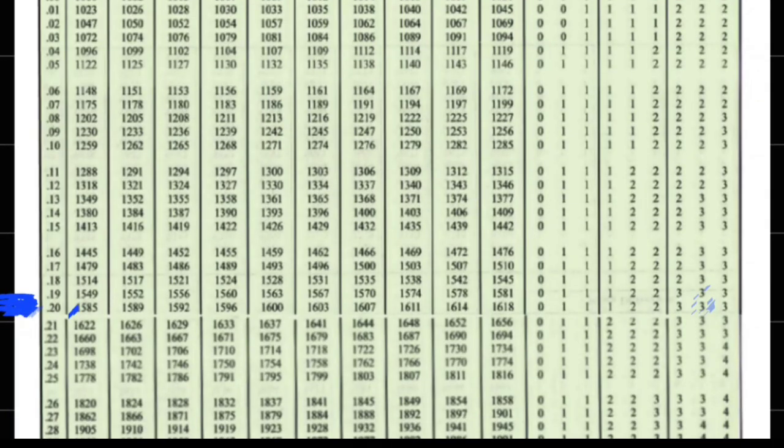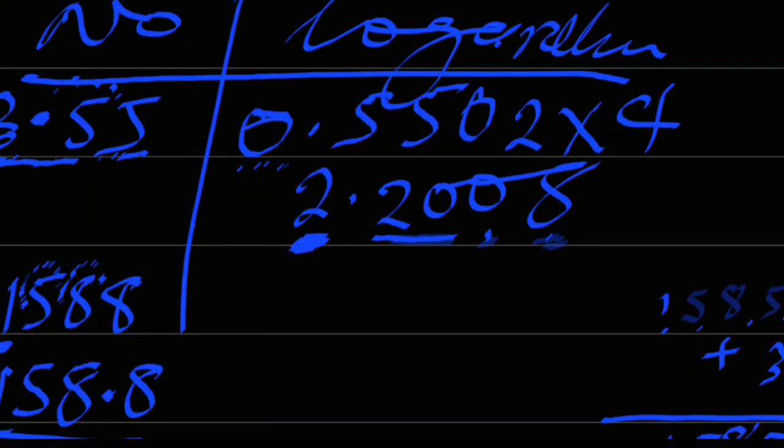That is 1585. You see 1585 there. Let's write it. 0.20 under 0, 1585, difference of 8.